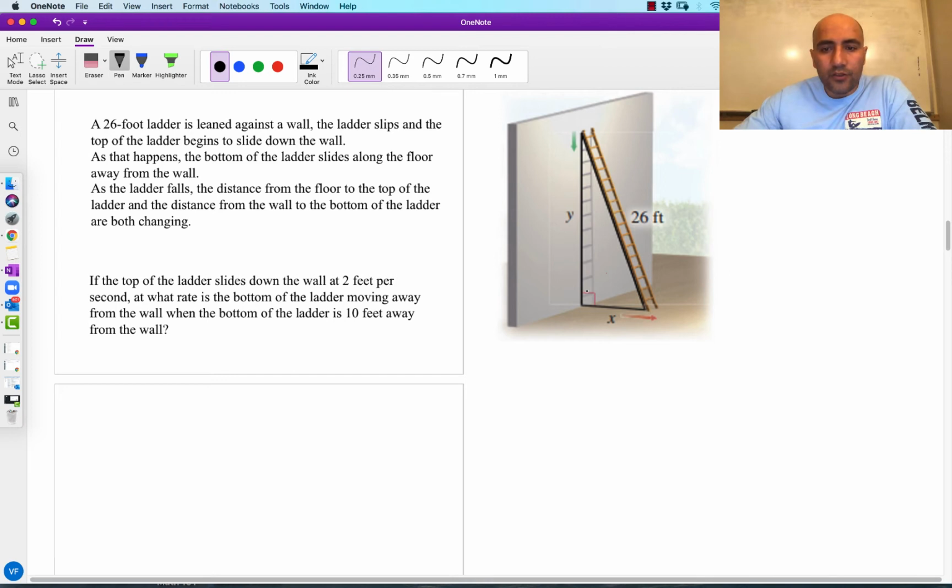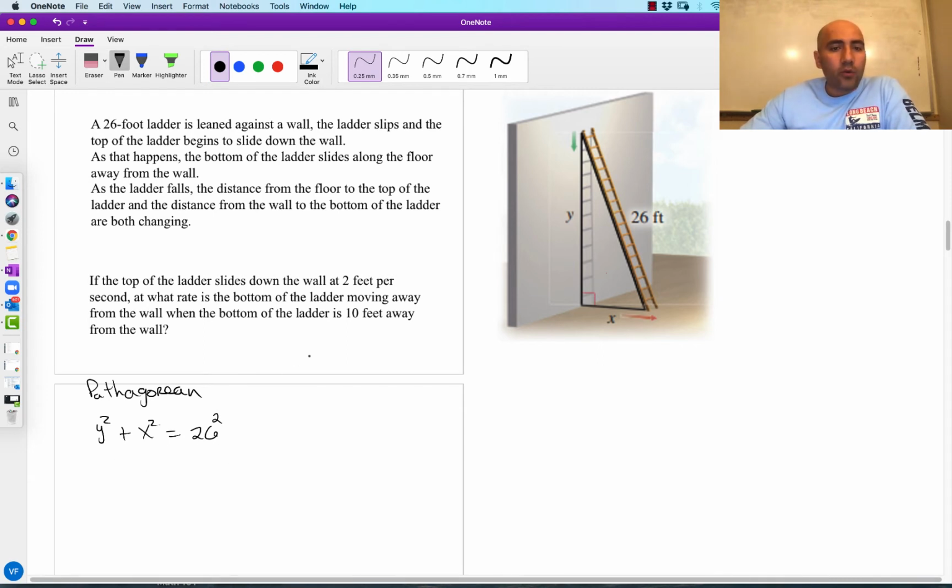And as this picture implies, this makes a perfect right triangle. So we can use the Pythagorean theorem. By the Pythagorean theorem, we know that the y variable squared plus the x variable squared is equal to 26 squared.